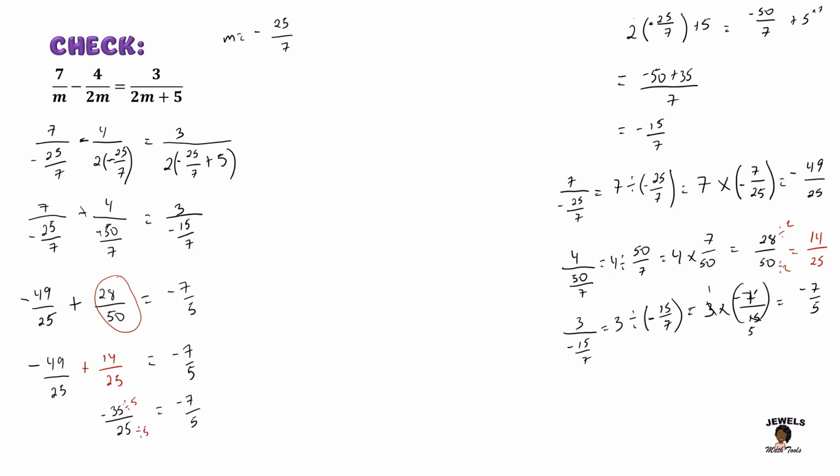We're going to watch our equivalent fraction emerge from here. So 35 divided by 5 will equal negative 7. 25 divided by 5 will equal 5, which is equal to our negative 7/5 on both sides of the equation, which means that my solution of m equal to negative 25/7 is the correct solution for this equation.